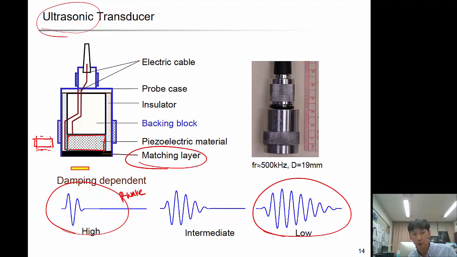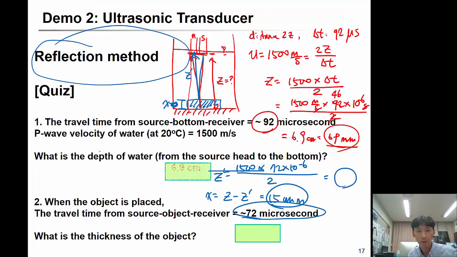Due to piezoelectricity, the whole cross section, the surface of the material, will generate an impact to this matching layer. So every point on the face of this piezo material will generate some force to the matching layer, and that will generate the wave and transmit the wave.